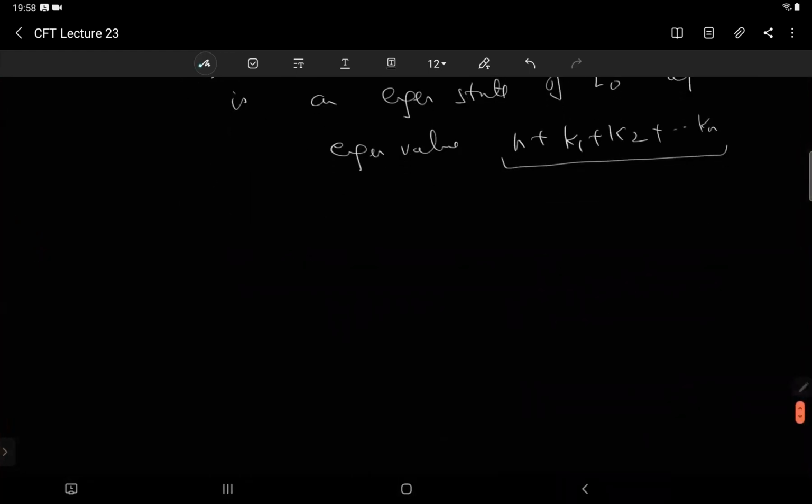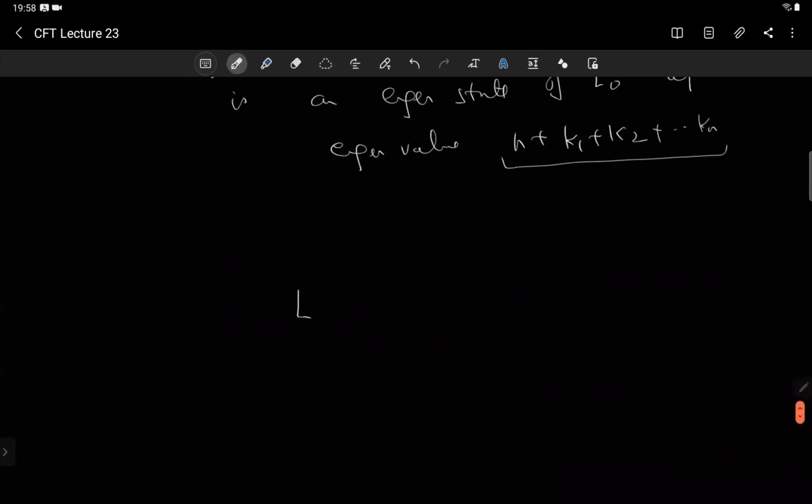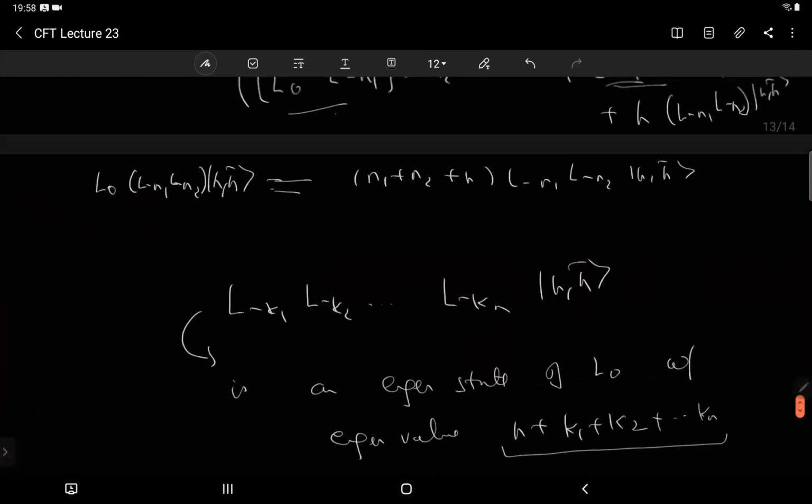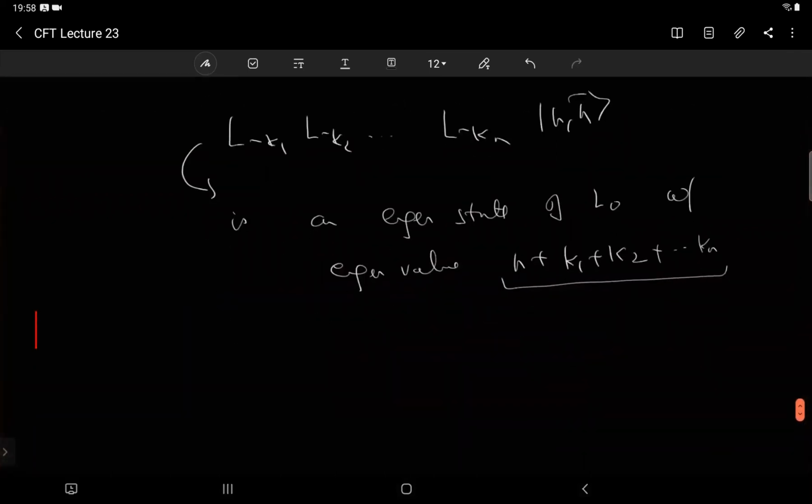That is because to be a primary state, you also need that Ln acting on that state has to be 0 for n greater than 0. But that is not true for these descendant states. So for descendant states, Ln will not be 0, but it is an eigenstate of L0.